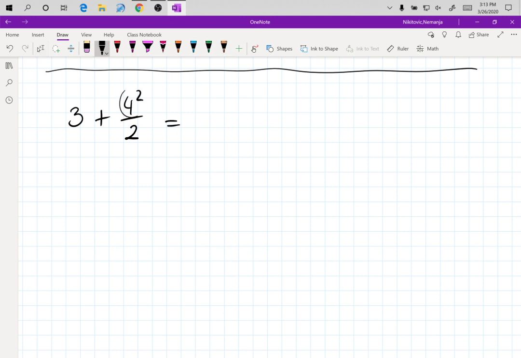For PEMDAS, we do exponents first. So 3 plus 16 over 2, because 4 squared is 16. 16 divided by 2 is 8. And finally, 3 plus 8 is 11.